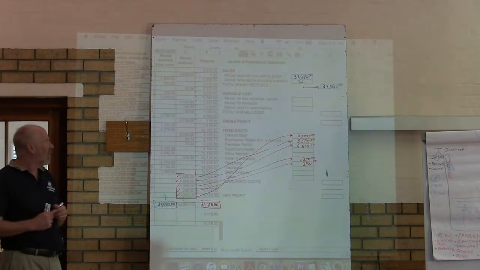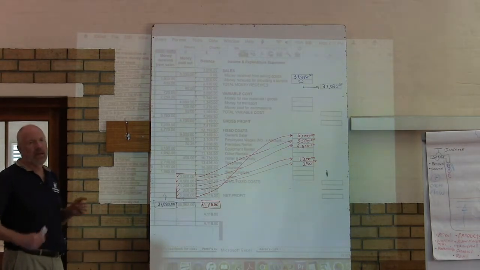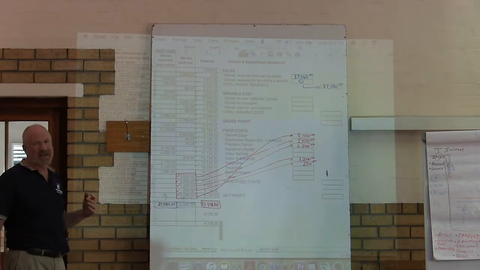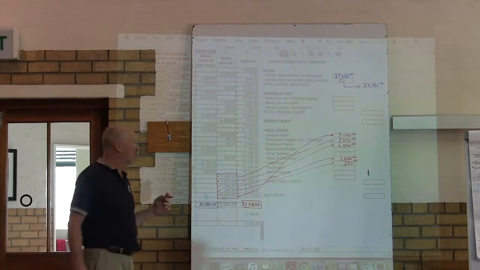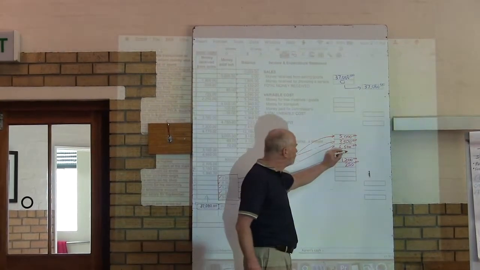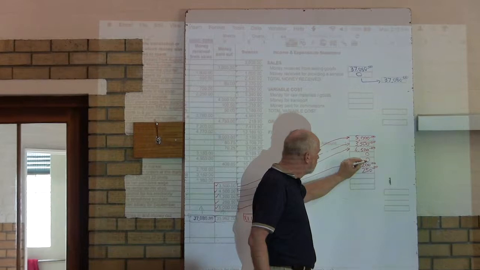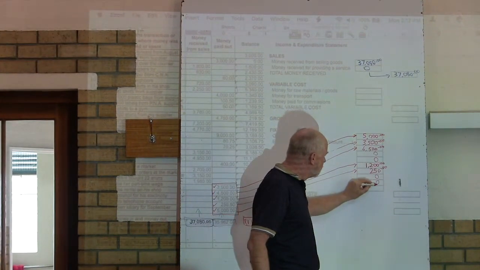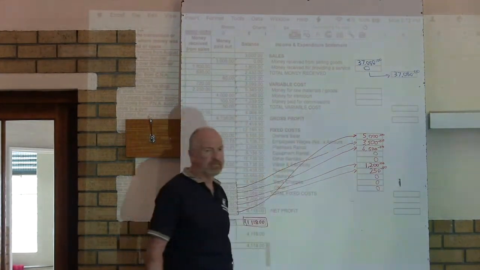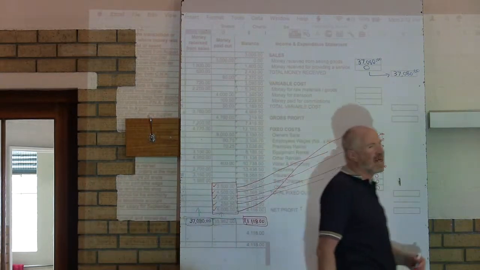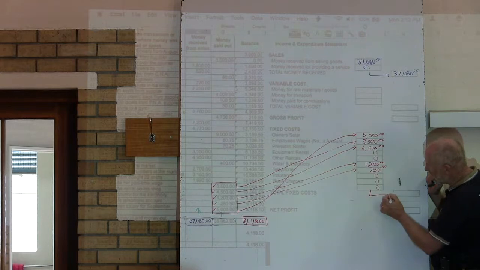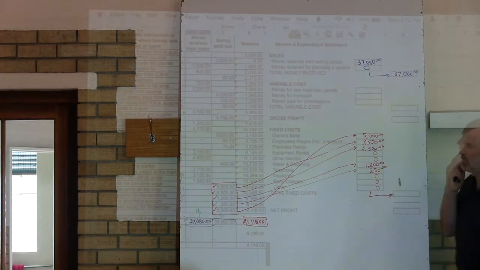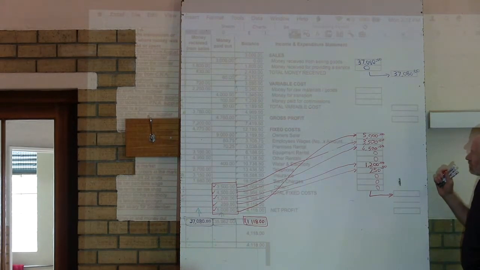Right, now, what I would suggest is that in your income statement, where there are empty spaces, just write a 0. Once you've done that, you are simply going to add all that is in the red here, and you're going to put it into that block there.